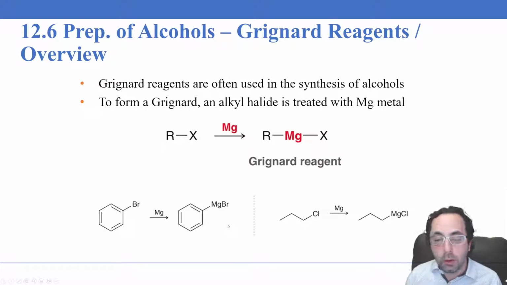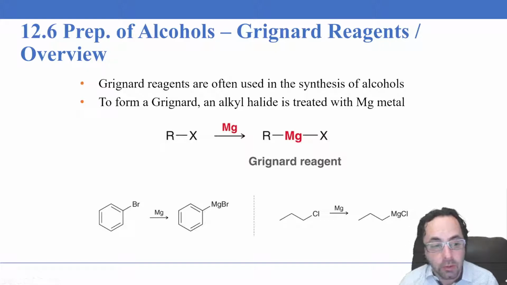Finally, we're going to learn about a very valuable synthetic reaction in this chapter, and it's called the Grignard reaction. It's valuable synthetically because in the past we only had one way to increase the number of carbon atoms in our molecule, and that was through the use of an alkynide ion.